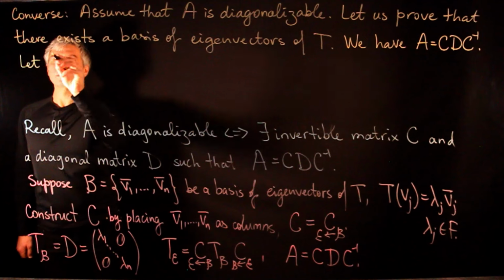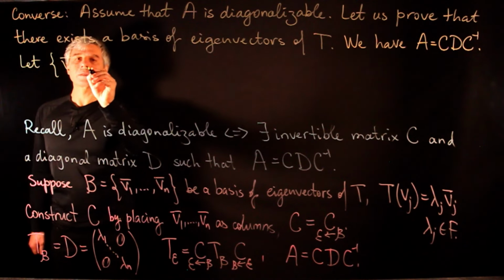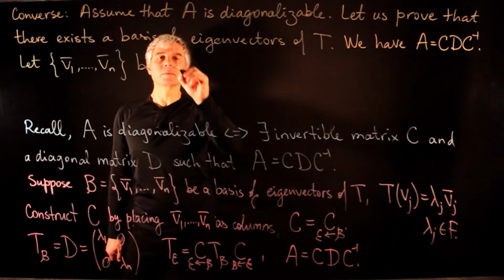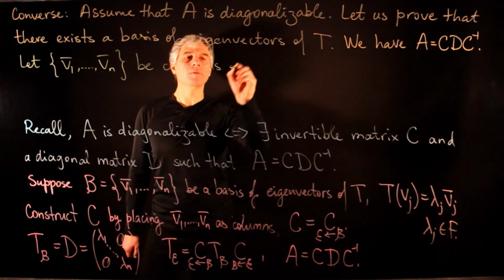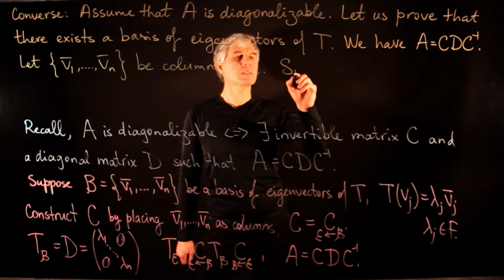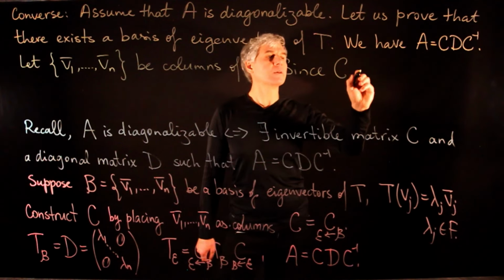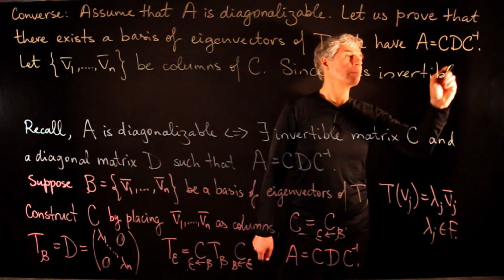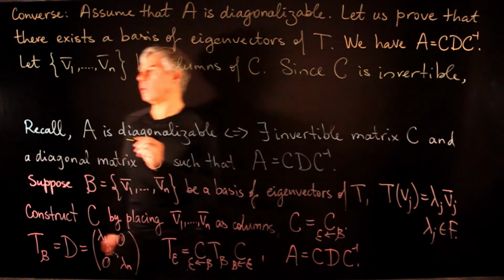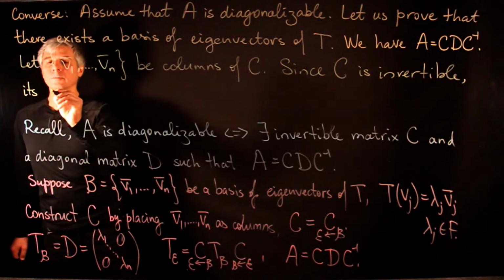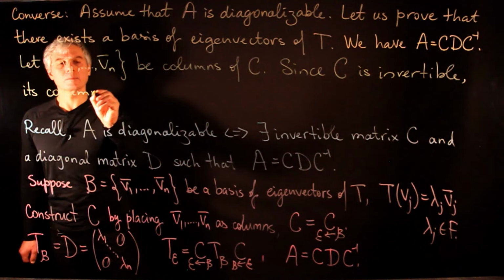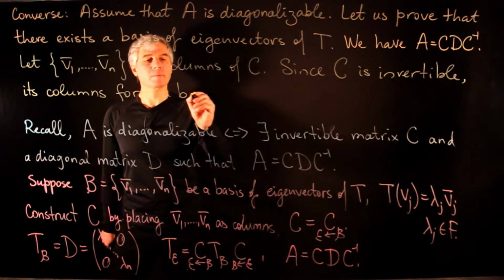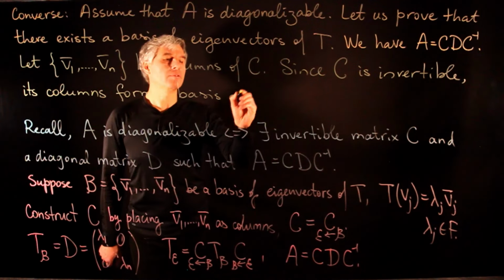Let V1 through Vn be columns of C. Since C is invertible, we know that its columns form a basis of Fn.